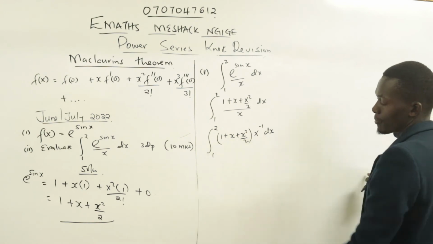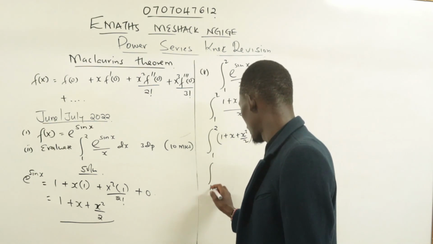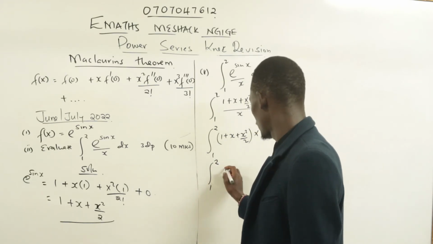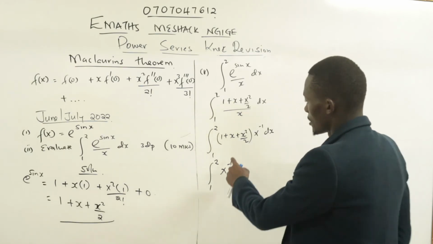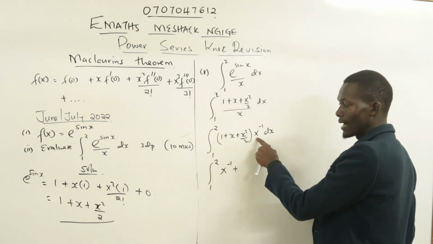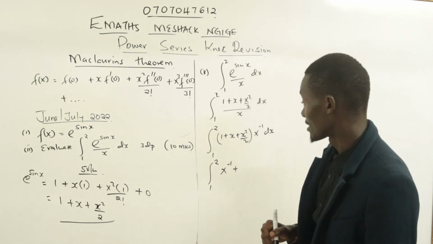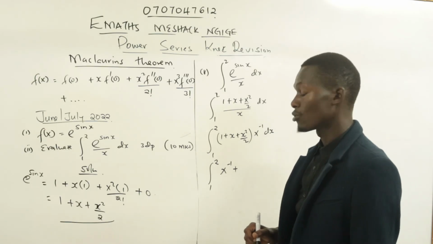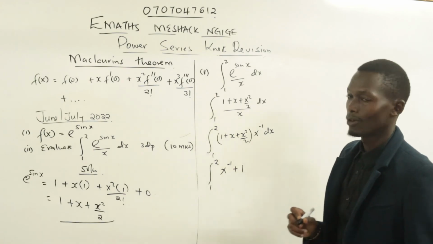Now this x can multiply with everything there, so again from 1 to 2, this and that gives you x to the negative 1, right? Plus the power here is x to power 1, then you add x minus 1, so 1 minus 1 gives you what? 0, and anything to power 0 gives you 1. So this term here will become 1.